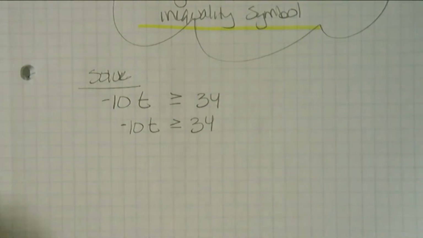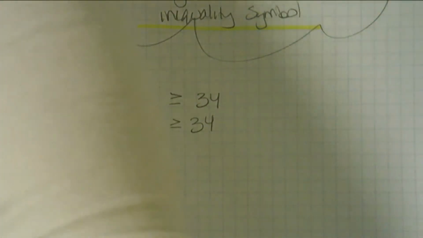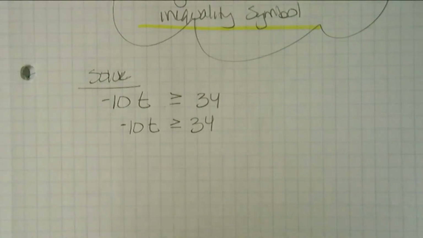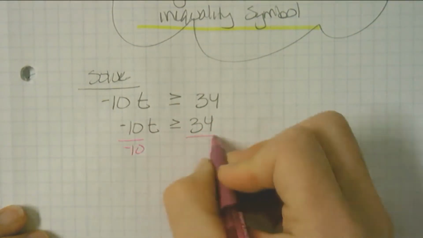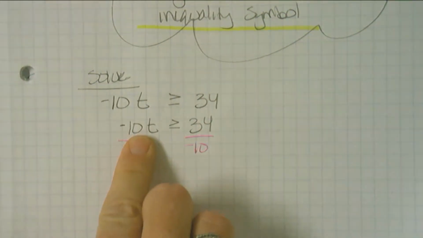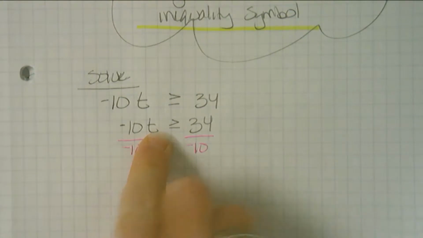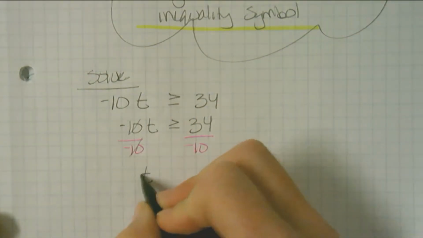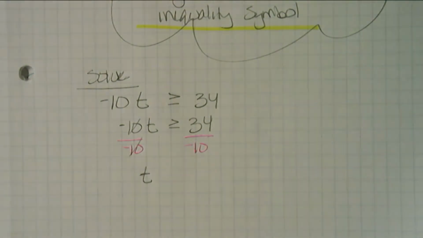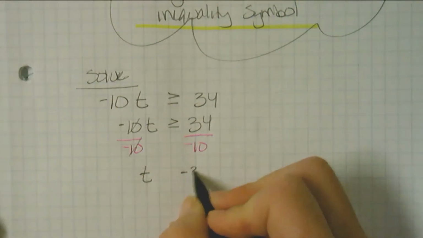So how do I solve this inequality? Cameron? Yep, I'm going to divide both sides by 10 because this says negative 10 times t. Okay, so when I do that, Cameron, my negative 10's cancel out. I'm left with a 1t, right? Excellent. What is 34 divided by negative 10? Cameron? Excellent. This is negative 3.4.